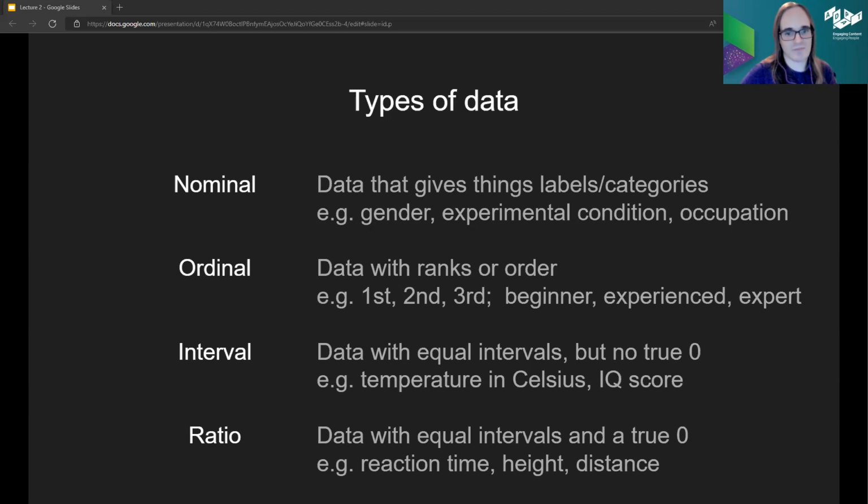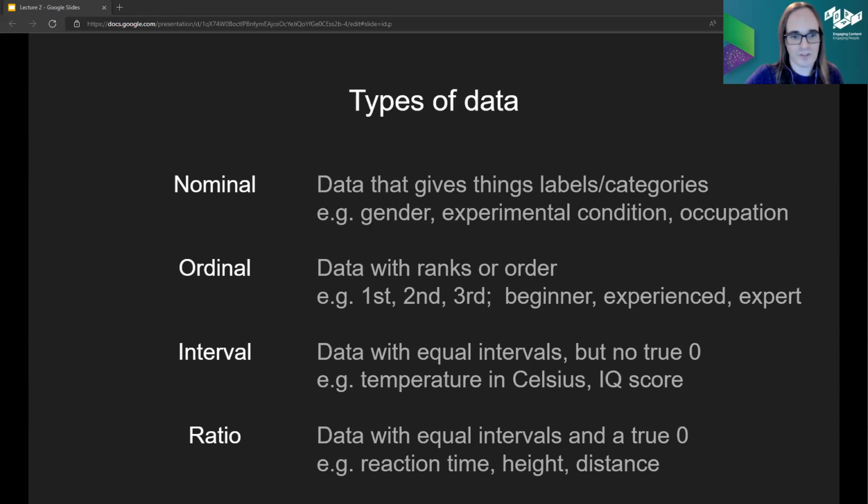In this case, it doesn't make sense for me to comment on the average level of something like experience. I can't say that the average app user in my study was expert 0.5 or something. I can't use multiplication or averages when I'm talking about ordinal data.